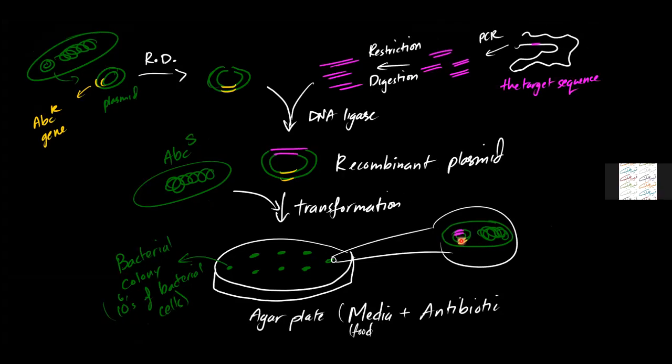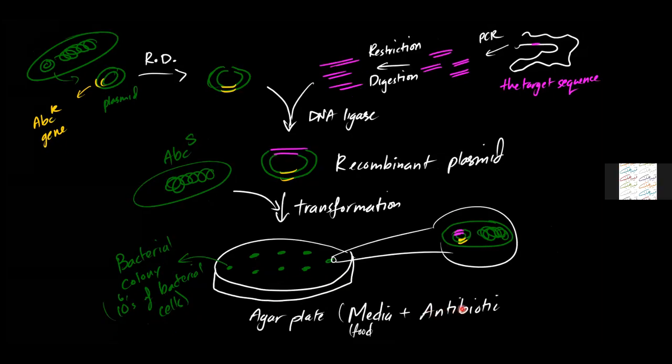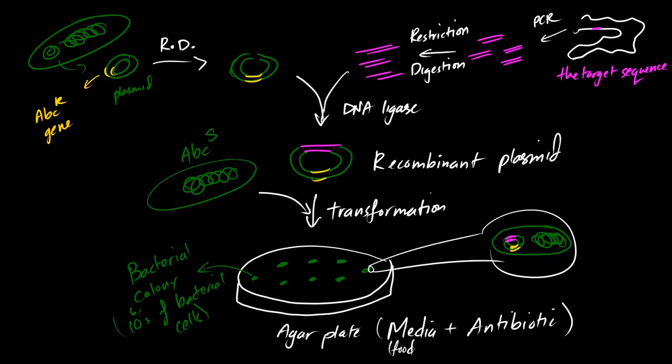So this gene will allow the bacteria to grow on top of the agar media, because the agar media contains antibiotic. So this step is called selection, selection of cells that have the plasmid.